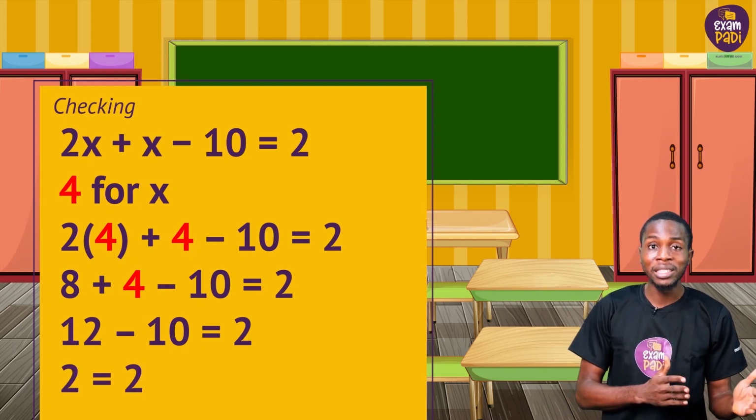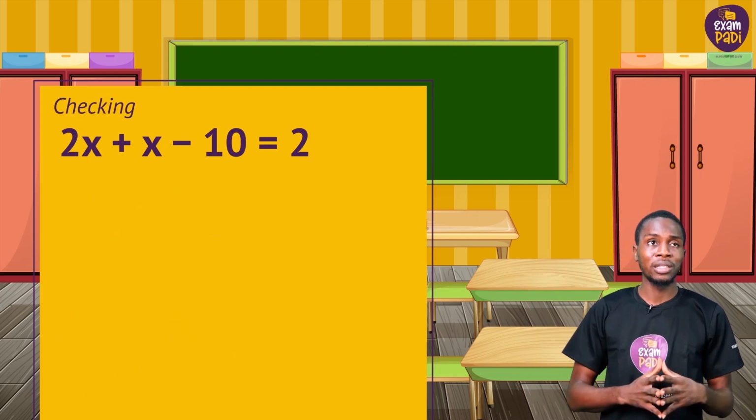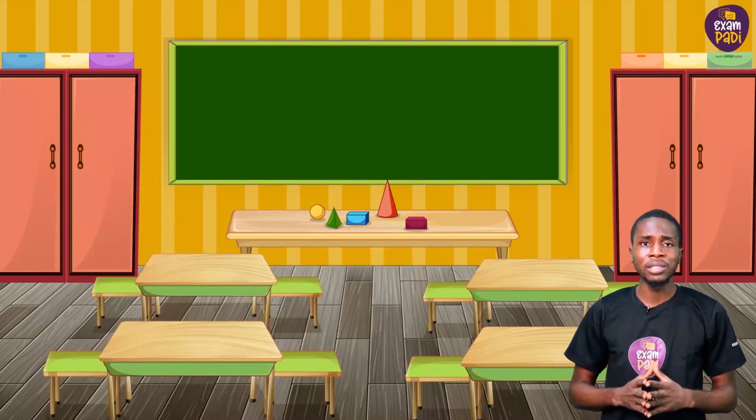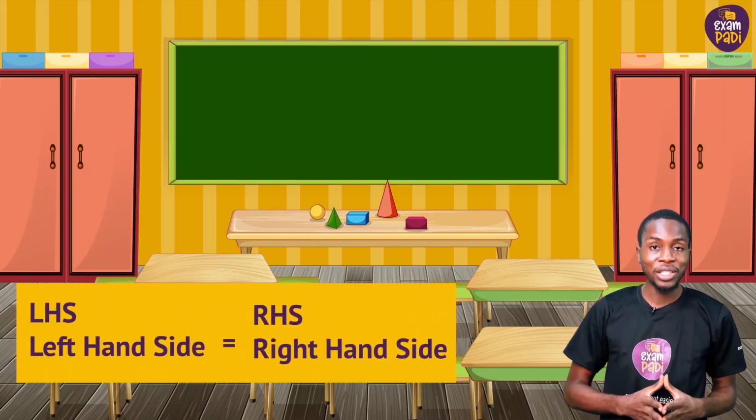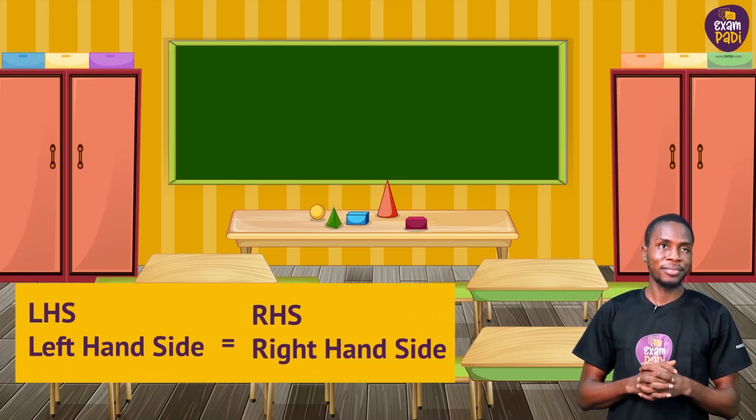Definitely, the left-hand side equals the right-hand side. Note that when checking, your left-hand side must be equal to your right-hand side. That is, LHS equals RHS.